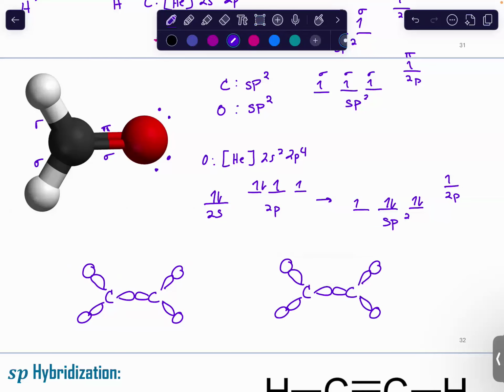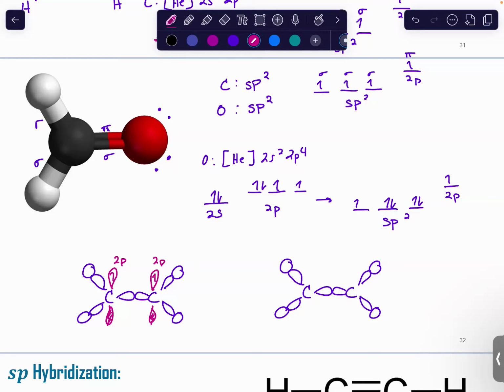Now, you remember that there was a 2p that we didn't use on each carbon. So there's the unused 2p orbital. Each with an electron in it ready to form a pi bond.